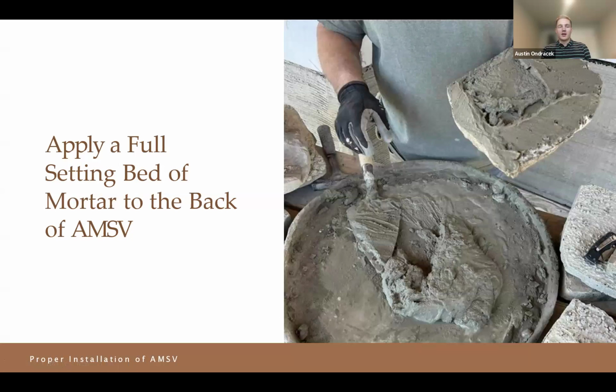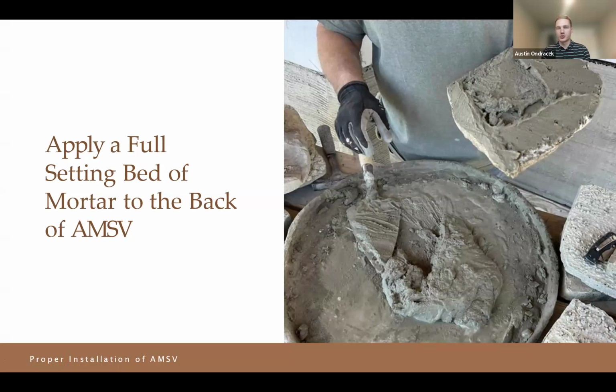Apply a full bed of mortar to the back. This is probably the biggest thing that unfortunately people will try to maybe skimp out on a little bit or not do enough of. After the back of the stone is cleaned, you know, dust, whatever it may be, with a damp, wet rag that you'll wipe that right off. Make sure the entire back piece of that stone, manufactured or not, is completely covered with mortar.